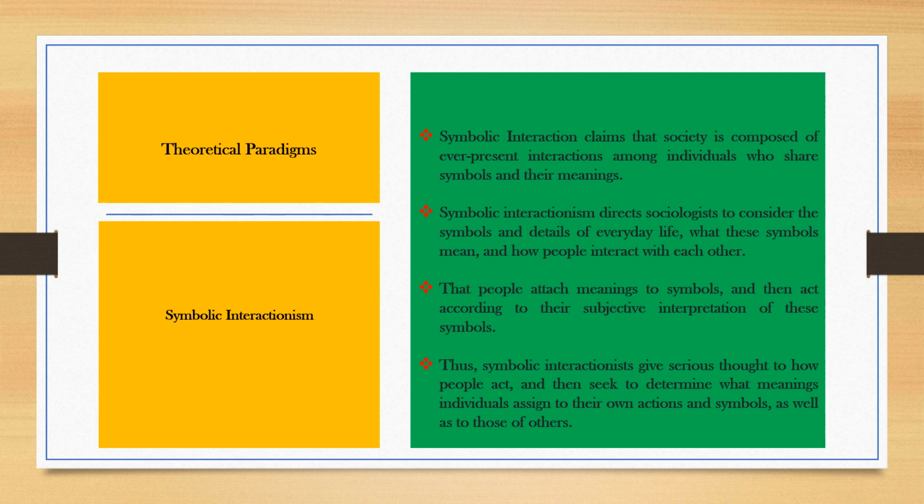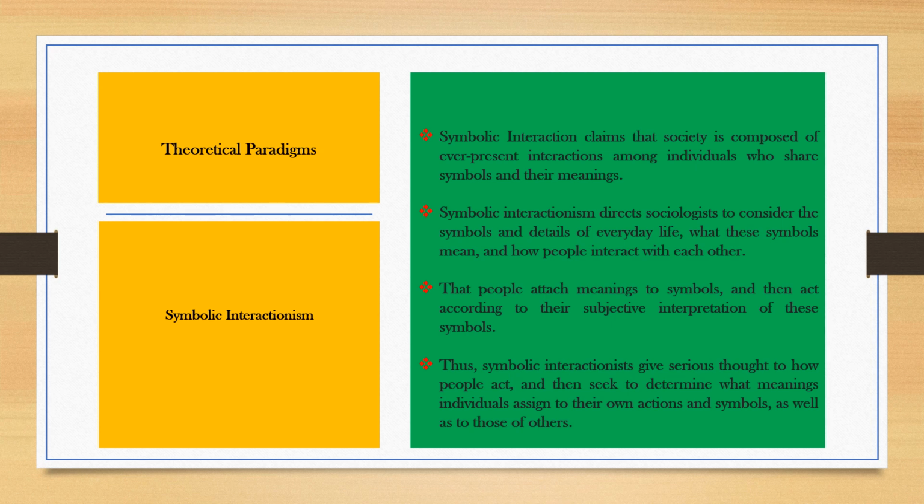When we use this particular paradigm, we are being told to ignore the various parts of society that exist. Ignore the two broad types of groups that exist in society as proposed by the conflict paradigm, but focus on symbols that exist in society. Dressing, color of dressing, things like the marriage ring, things like the white gown during weddings.